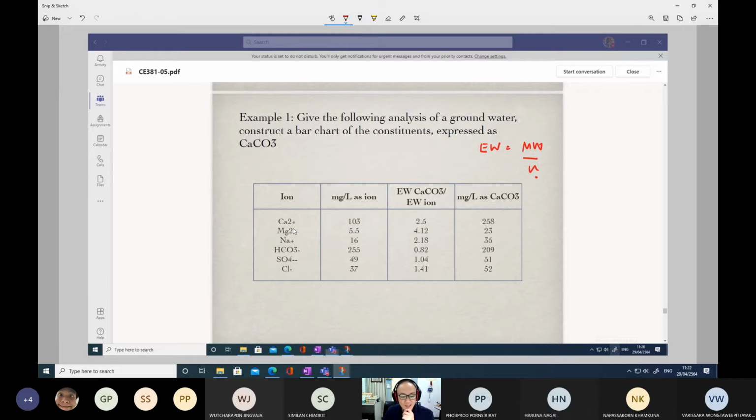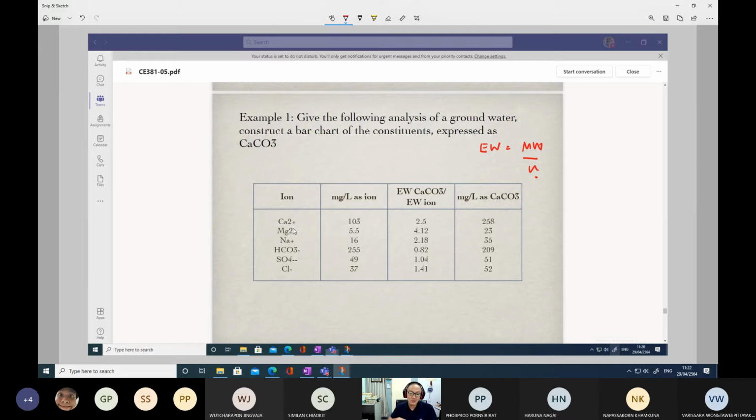Then N is 2. So equivalent weight is equal to molecular weight divided by N. Then you will get the equivalent weight of calcium is 20. Molecular weight is 40, but N is 2. So the equivalent weight is 20.